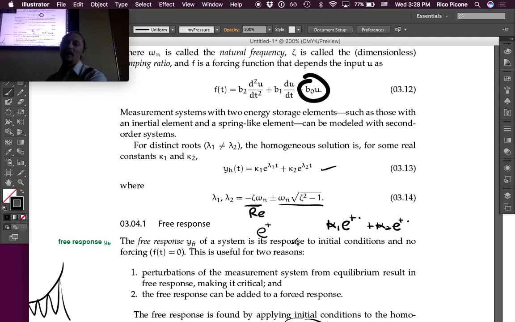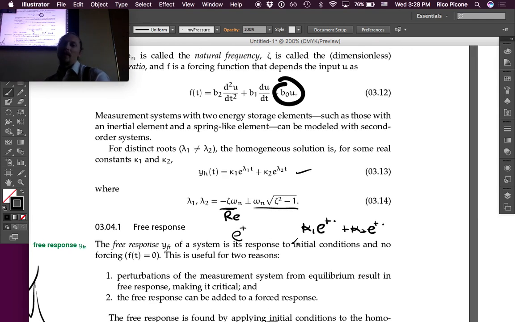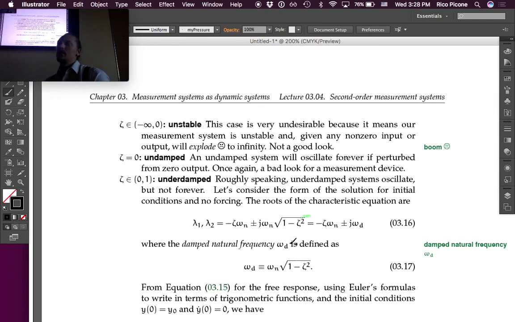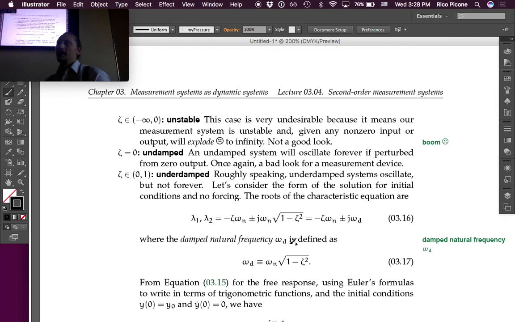So there are some systems that are approximately undamped, and you can create some using feedback. Oscillators, but that's once again not a good measurement device.